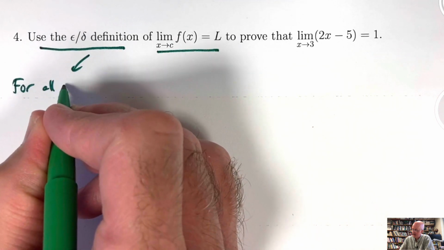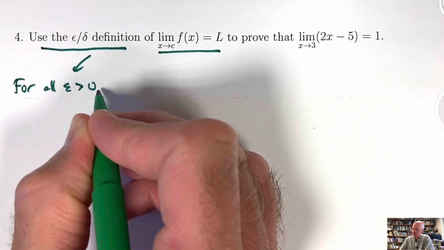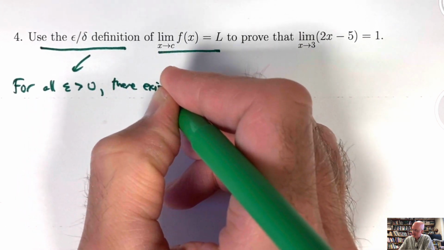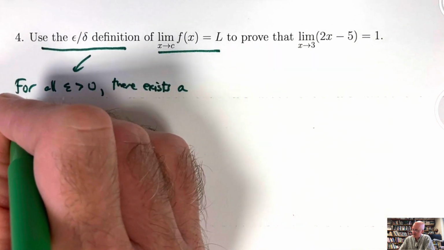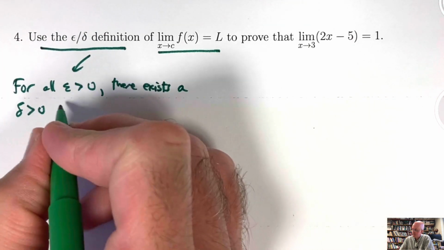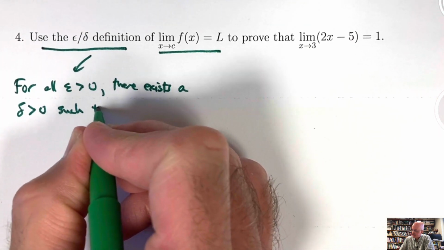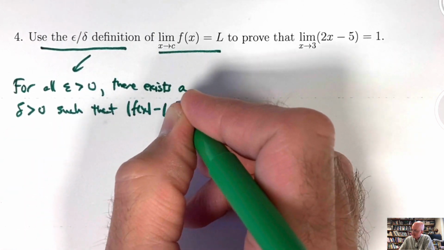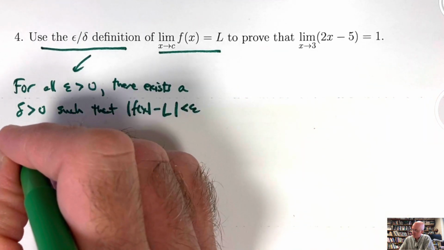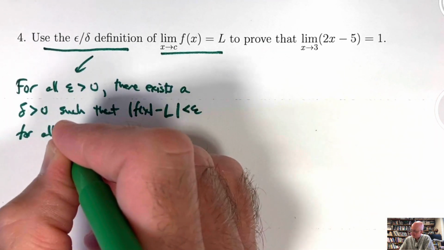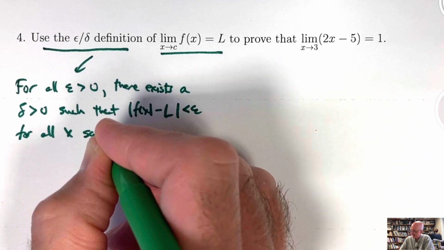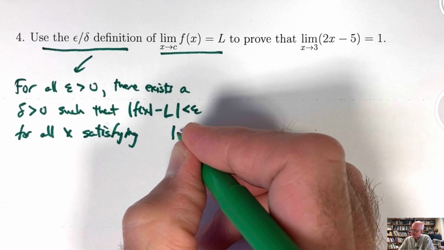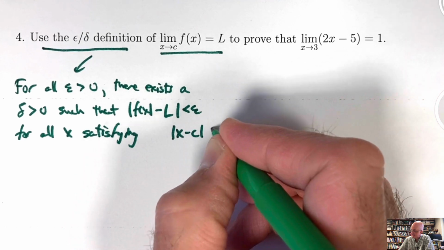For all epsilon greater than 0, there exists a delta greater than 0 such that the absolute value of f of x minus L is less than epsilon for all values of x satisfying, well, leave a little space here, the fact that the absolute value of x minus c is less than delta.